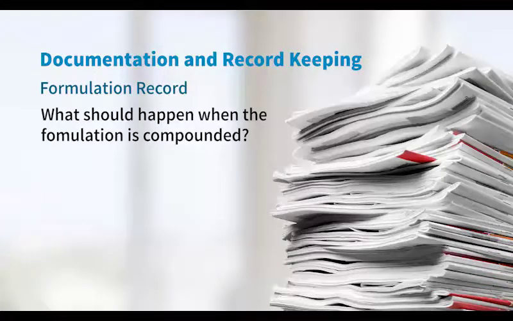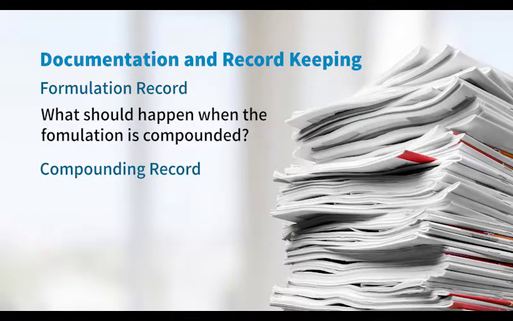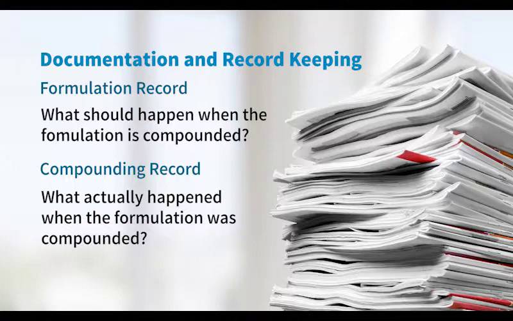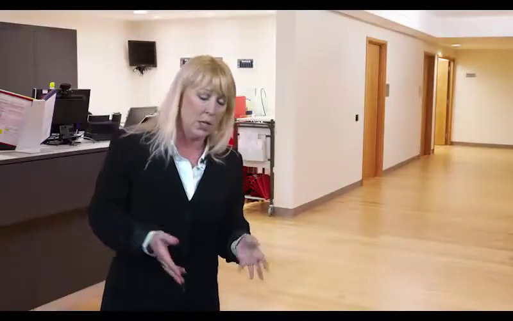So if you mix this and this together, you should get a green goo. Well, if you don't get a green goo, something has happened. You've done something wrong. The compounding record is what actually happens when the formulation is compounded. So again, it identifies that if you mix these things together, this should be the final outcome.